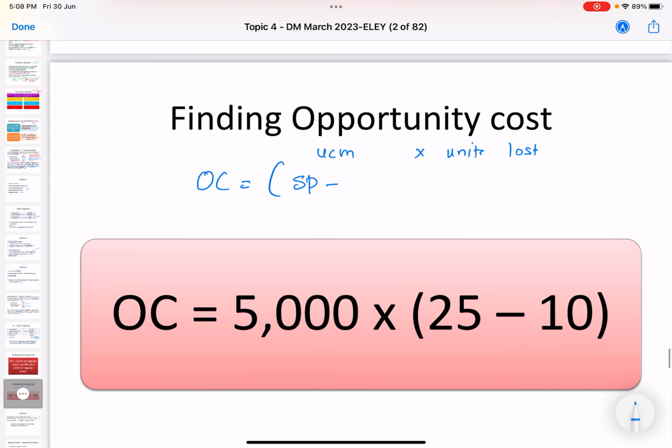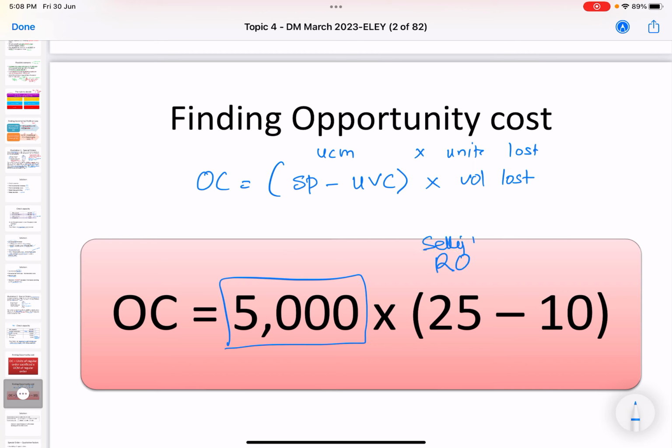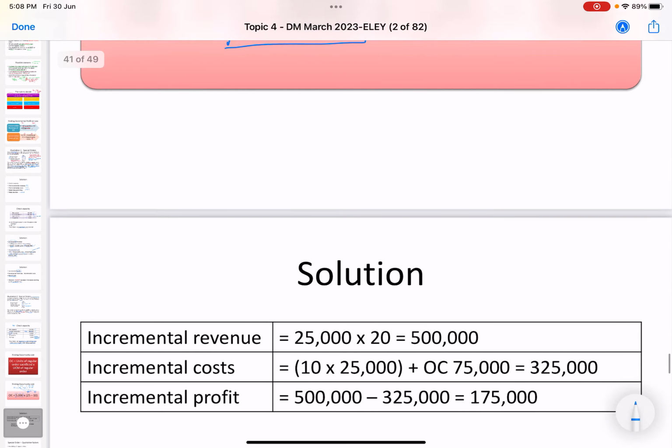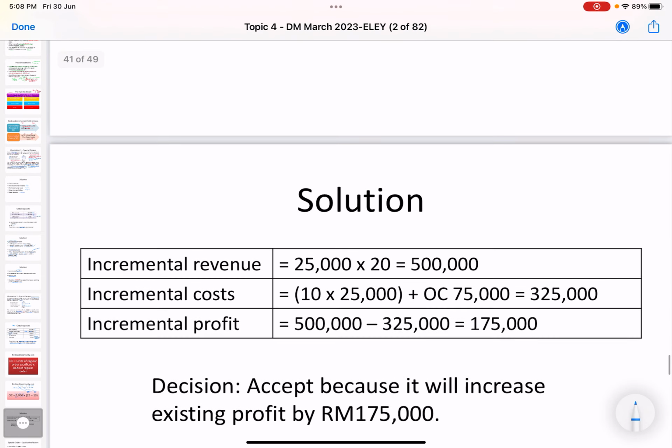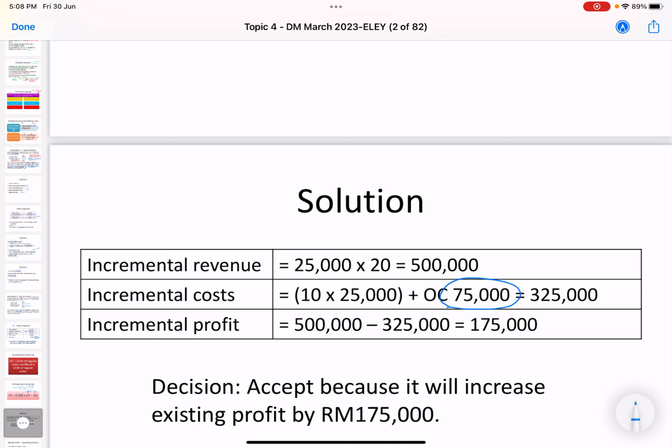UCM is SP minus UVC times volume lost. So, if the volume lost is 5,000, this is the regular order selling price, and this is the variable cost of the regular order. And therefore, if you multiply, you will get the opportunity cost to be 75,000.